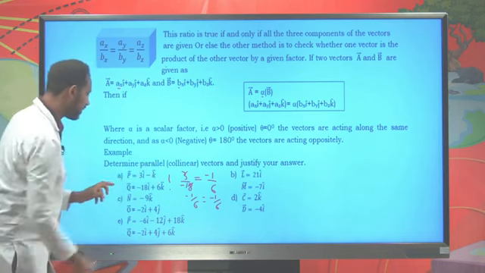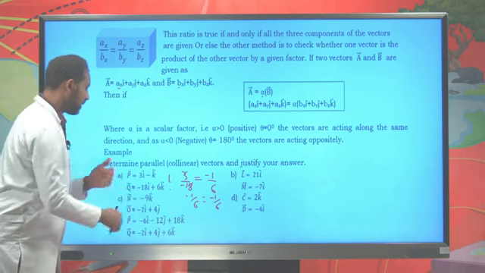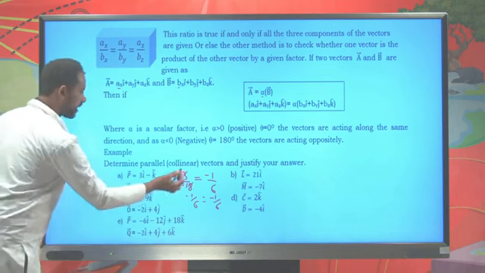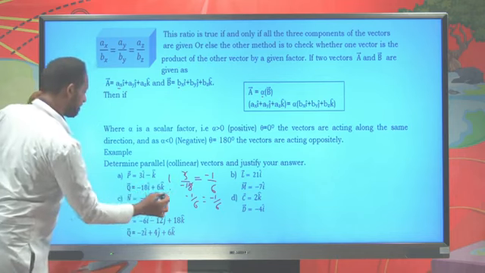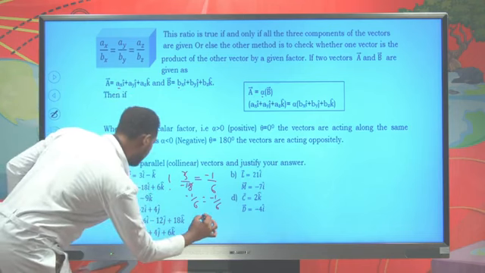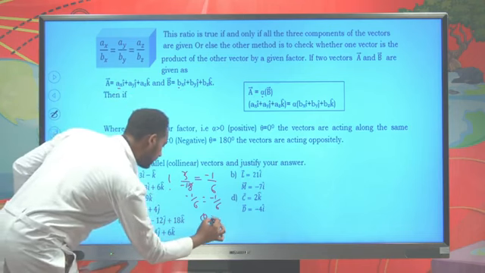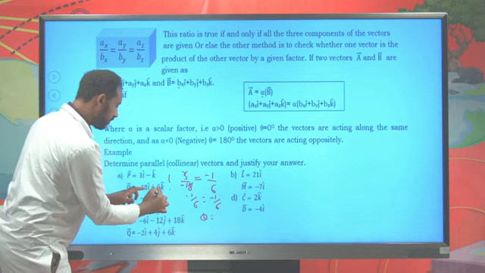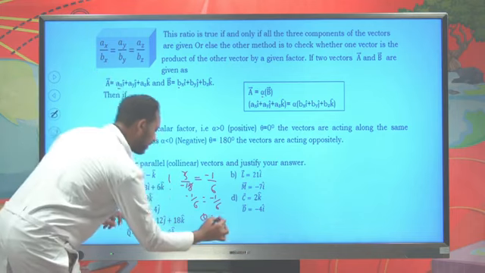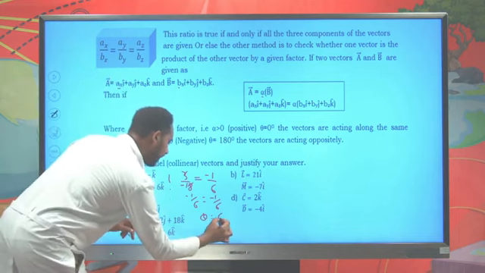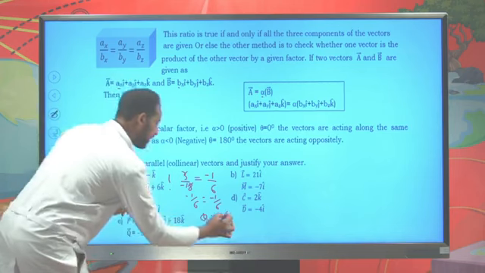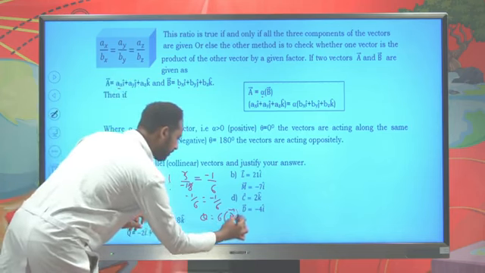Or it's possible to say that vector q is minus 18 i plus 6 k, which can be given as 6 times vector p.